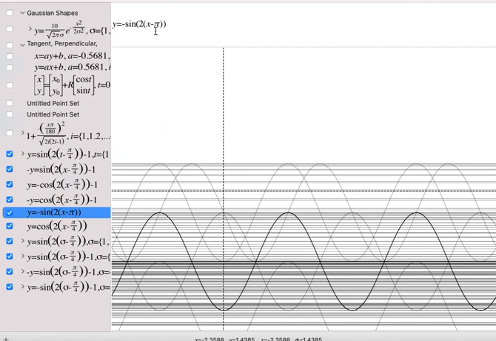In this case, let's say we use 2 pi and see what that looks like. Still just shifts it over. Pretty sure that's what happened. Let's see. Oh, doesn't really shift. Maybe 0.5.